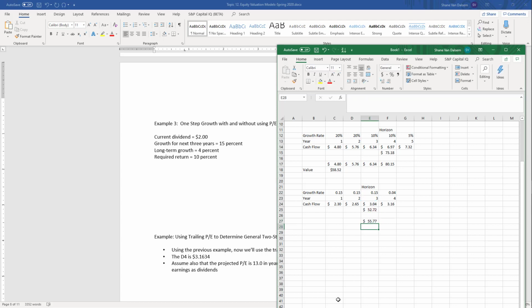Now mind you, in each instance I'm not including the time 4 dividend, or the dividend after the constant growth starts. So in this example up here, it was time 5. That's not included in my valuation because that's already included in this horizon value. So if I included that as one of my cash flows that gets discounted back, I'd be double counting that cash flow.